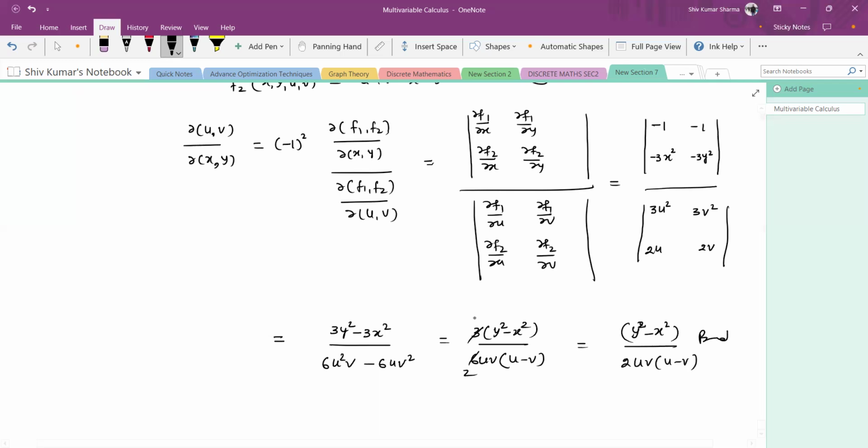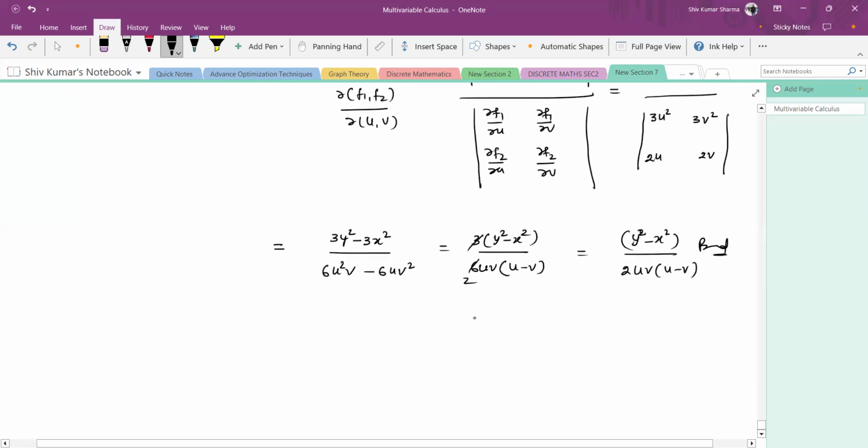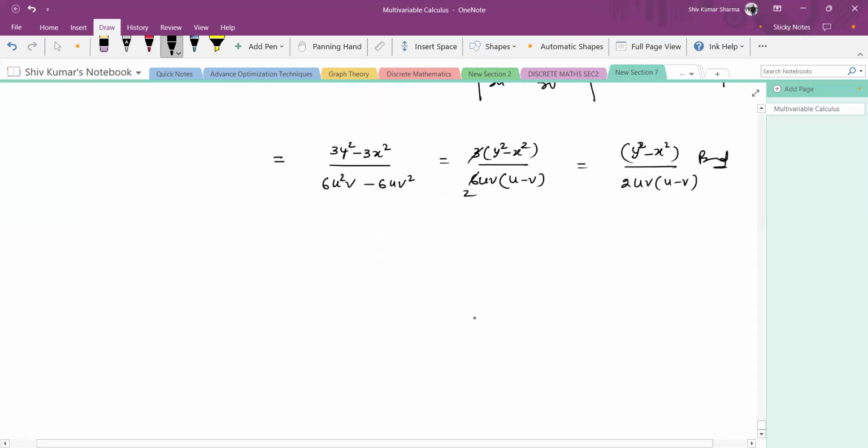So this is our result. Okay, so this is the first question. Now we solve another question. The second question we take as: if x plus y plus z is equal to u, y plus z is equal to uv, and z is equal to uvw.